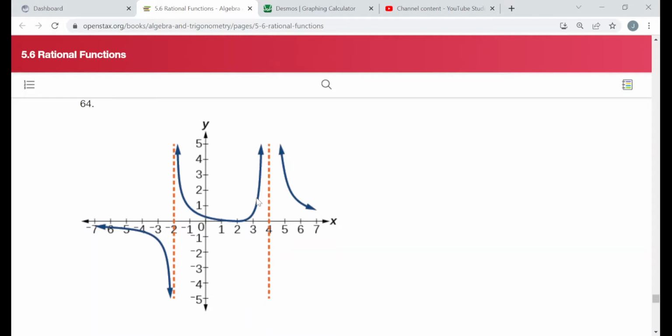Right. And that looks like it for the x-intercepts. And then, what's another point that's clearly on this? Because the y-intercept isn't very obvious here.